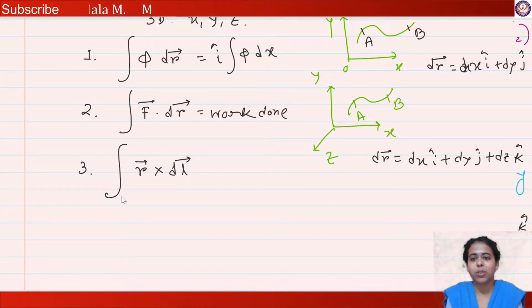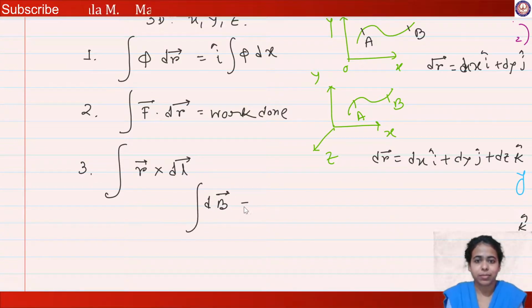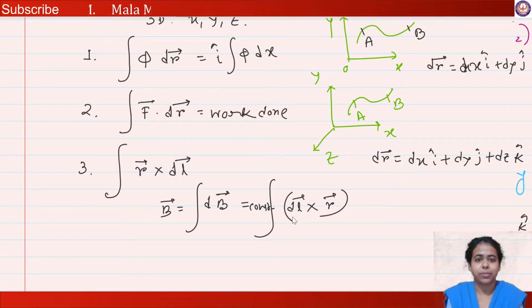And in case of cross product, this type of integration comes in Biot-Savart's law. In Biot-Savart's law, there will be some constant times dl cross r.